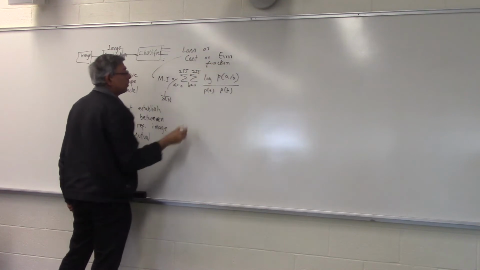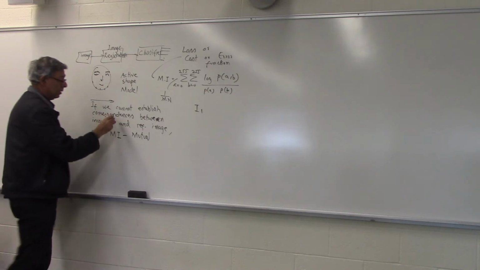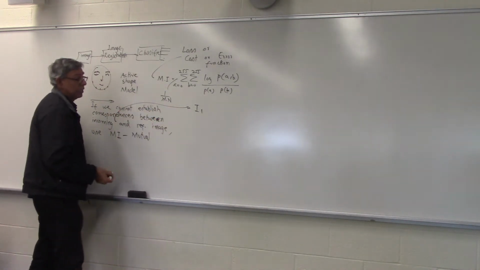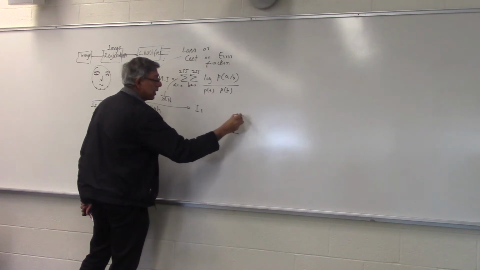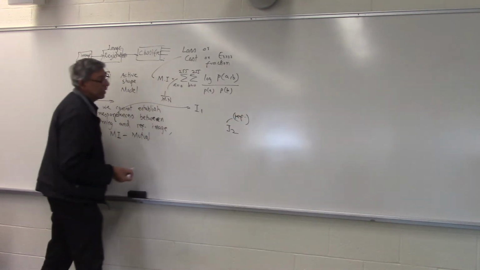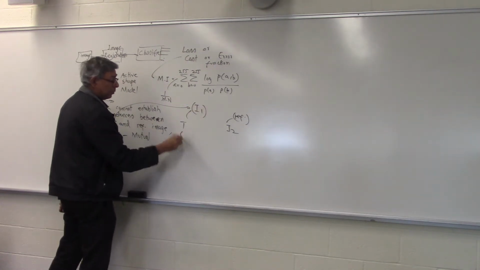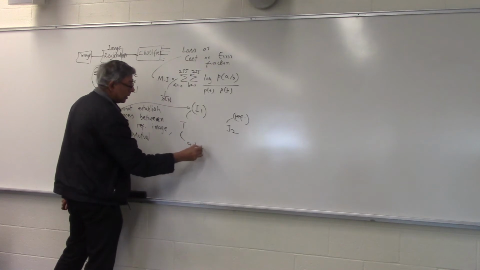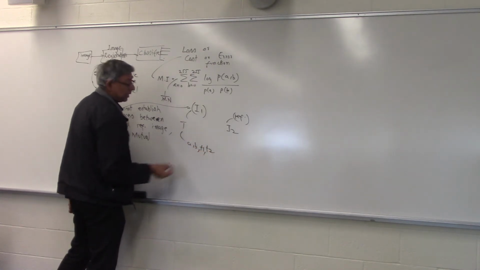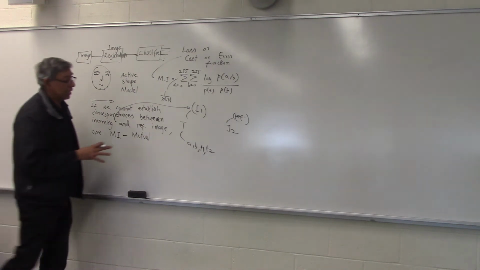So if we have one image, this could be the incoming image as an example, and we have a reference image, let's say I2 is our reference. In our previous lecture, the idea was to apply a transformation with A, B, C, D, T1, T2, or just A, B, T1, T2 if we assume there's no shear.